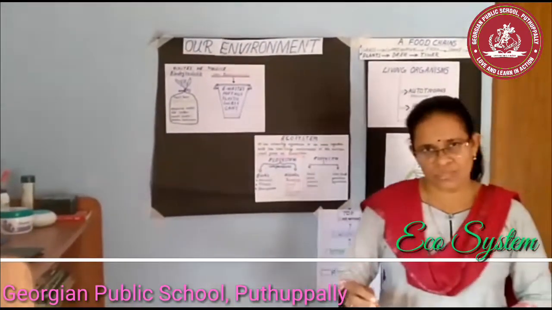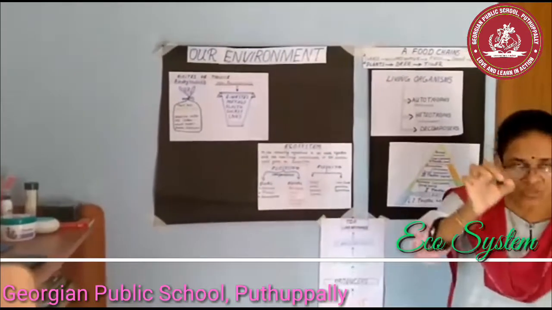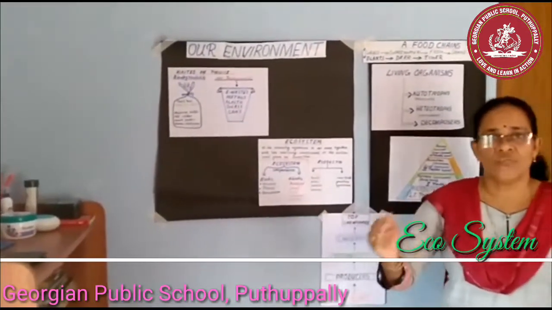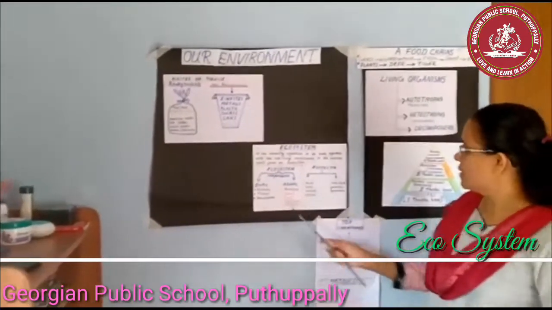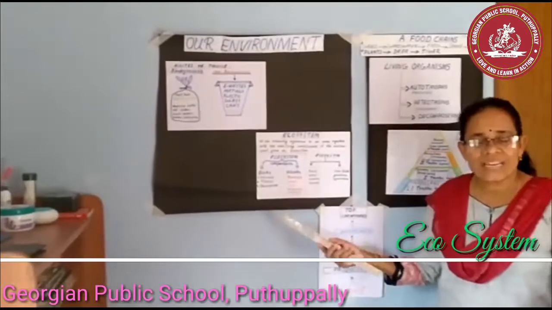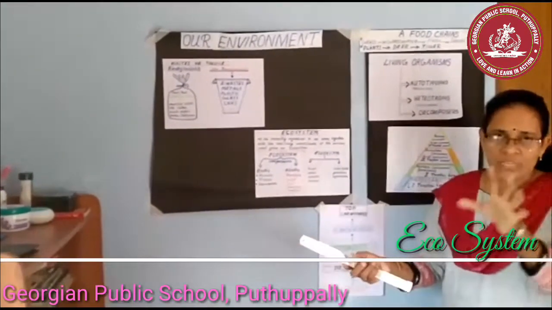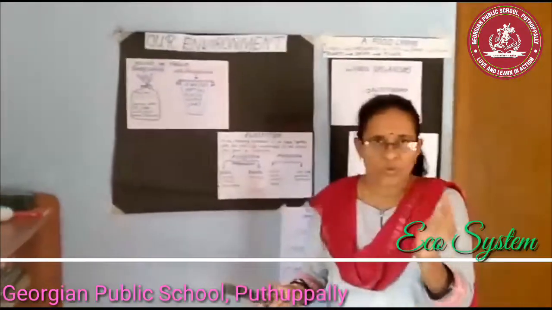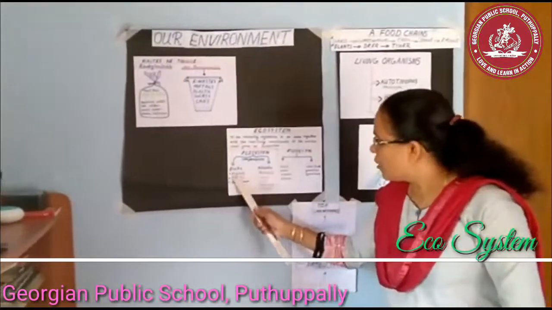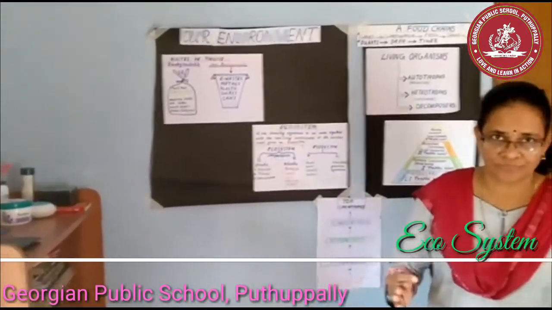When we think about abiotic components, it includes rainfall, wind, water, air, soil, minerals, sunlight, etc. So, in an ecosystem, both living and non-living or biotic and abiotic components interact with each other.